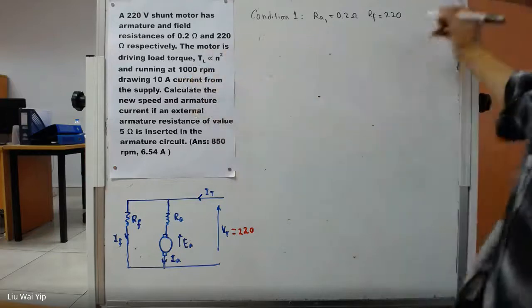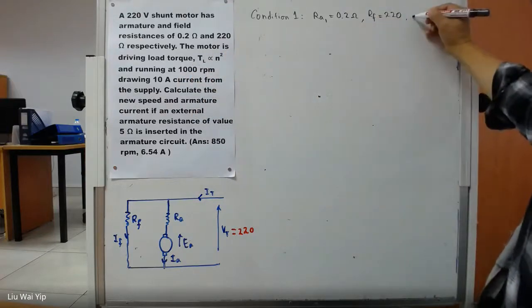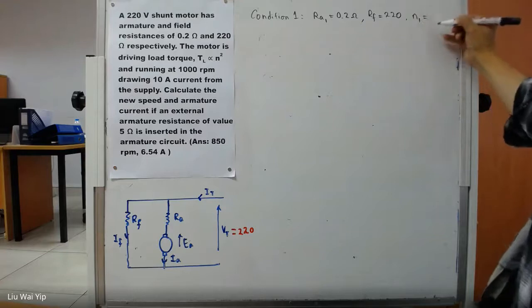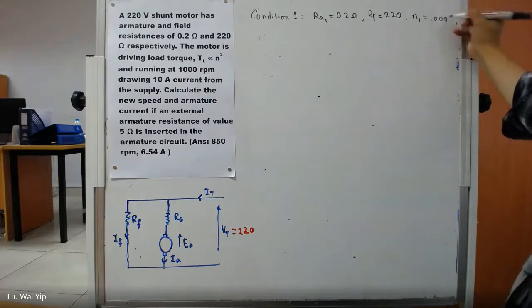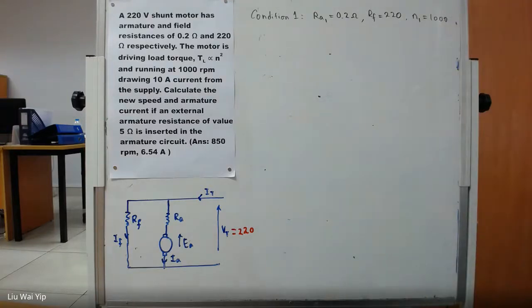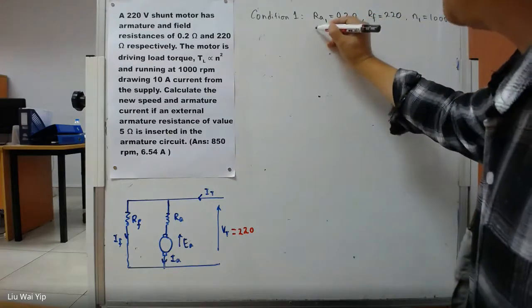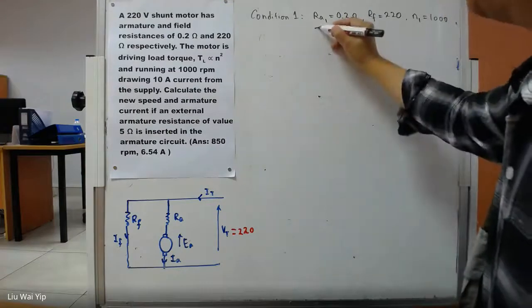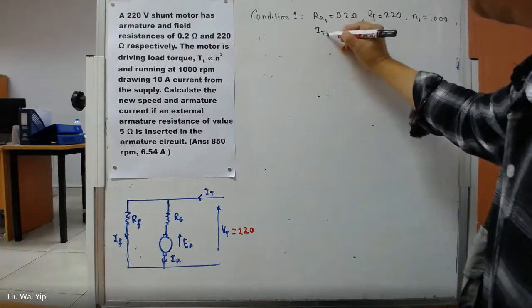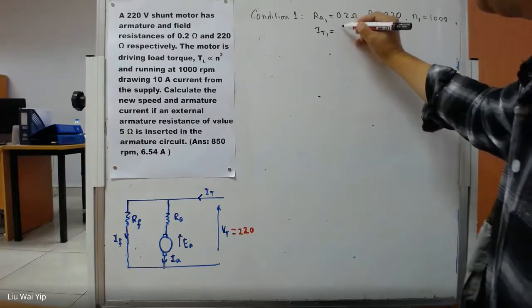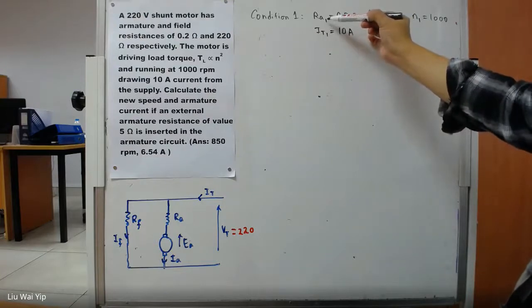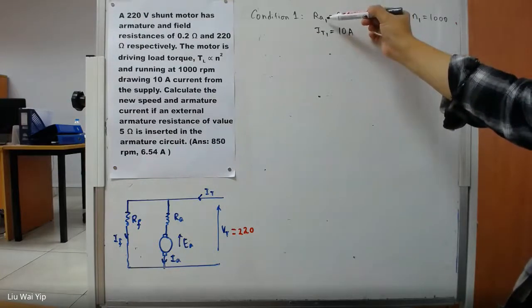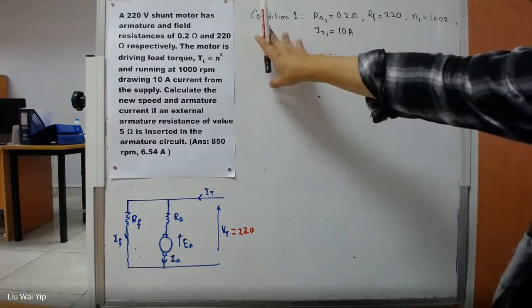And the speed is 1000 RPM. So this is the first condition, right? And also do not forget that the total current is 10 ampere. So here, the index 1 is to indicate that this is so-called condition 1.